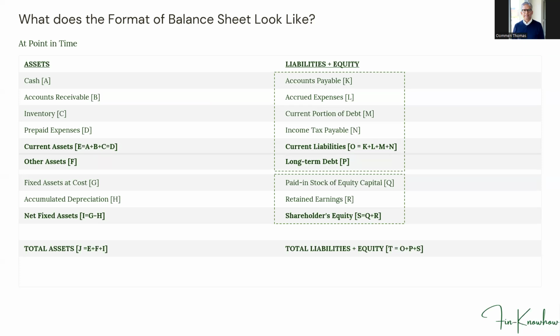One other thing that I will call out here in the left column under the assets label is how those assets are listed. They are listed in the order of liquidity. Put differently, the sooner or the more easily you can convert an asset into cash, the higher it'll be listed in this column.